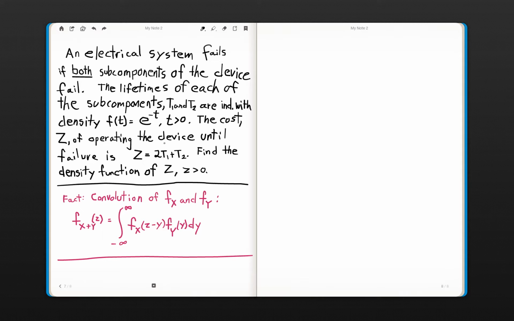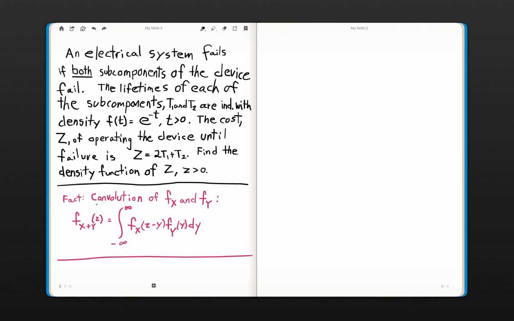The only trick here is that we're not just adding up two independent and identically distributed random variables, we're transforming this one first before we make the addition. So we're going to first have to figure out what the density of this is, and then use the density we're already given for the other, and then use the convolution formula to figure out the density of Z.